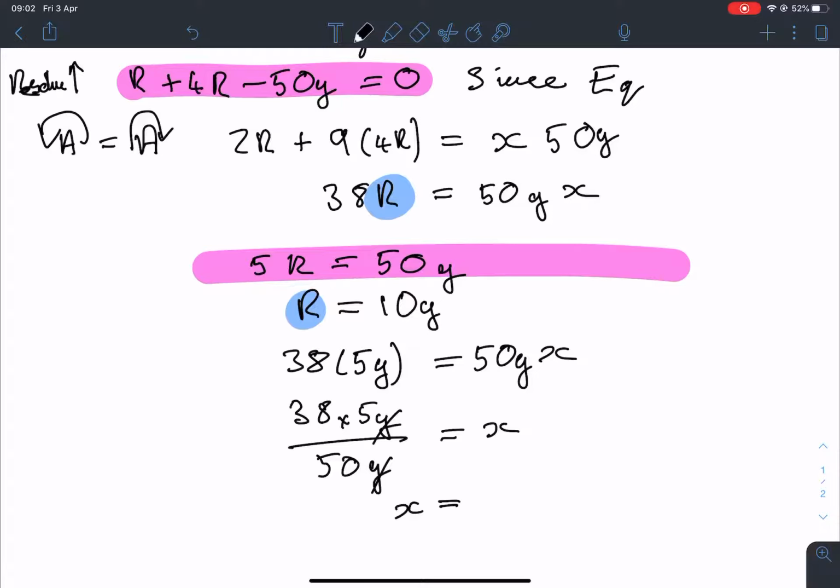Well, it looks like I've made a mistake. Yeah, R isn't 5g, is it? That's a bit stupid. So hang on, let's just tidy that up. That's not 5g, but that is 10g.